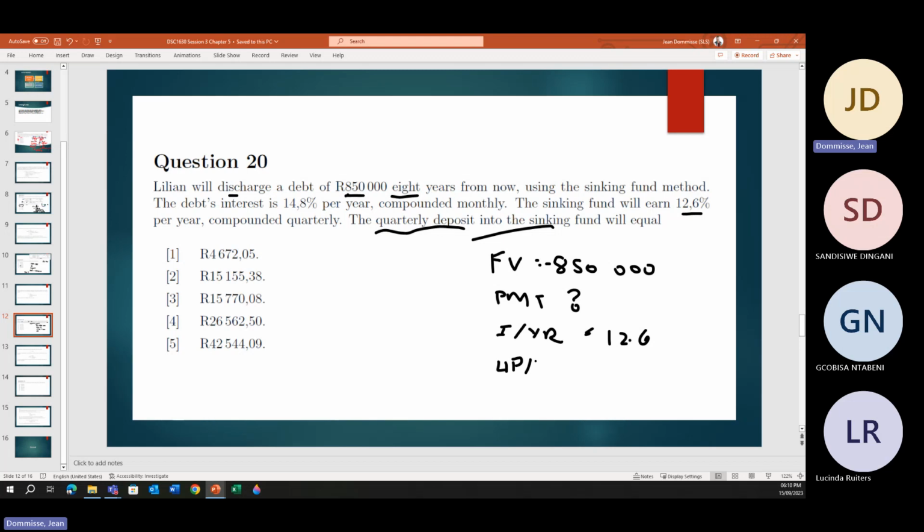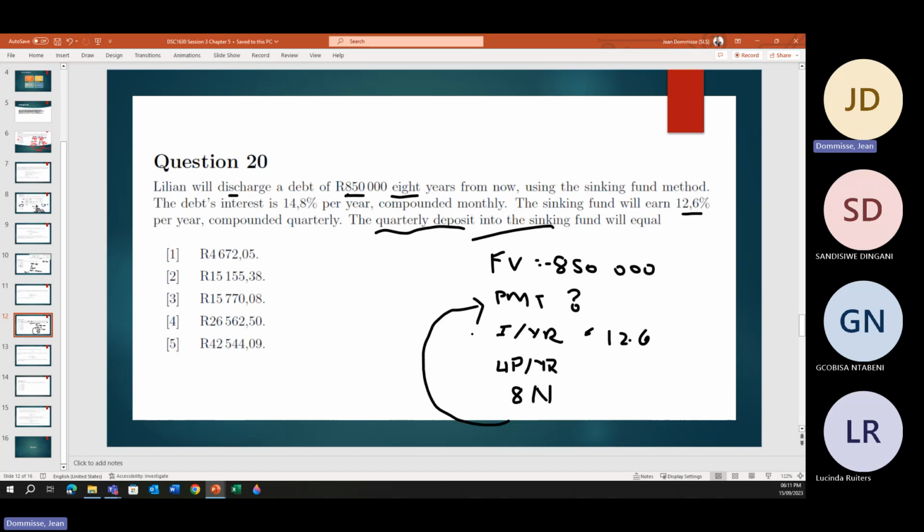Other times it would have been 12 times per year because sometimes it's monthly. With this one, quarterly, 4 times per year. So it's important that we change that on our calculators as well. And then it's for 8 years. And then if we basically work out the PMT, we will get the answer that we're looking for.